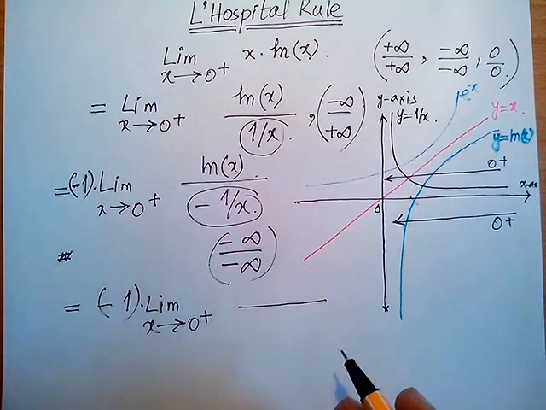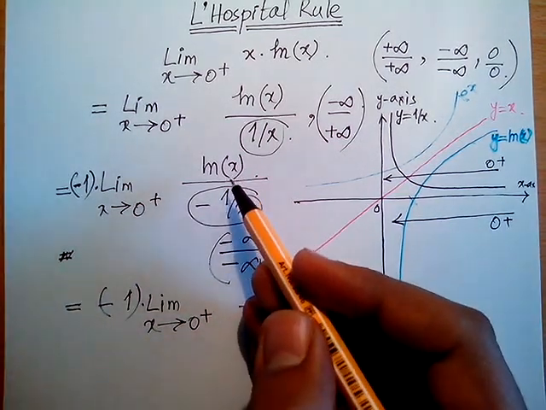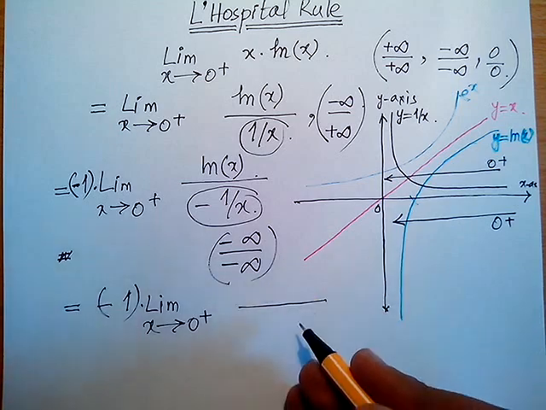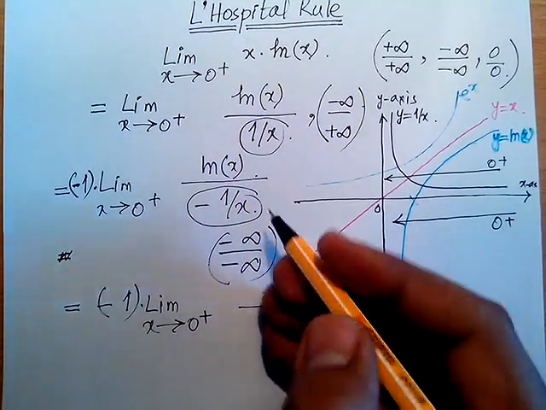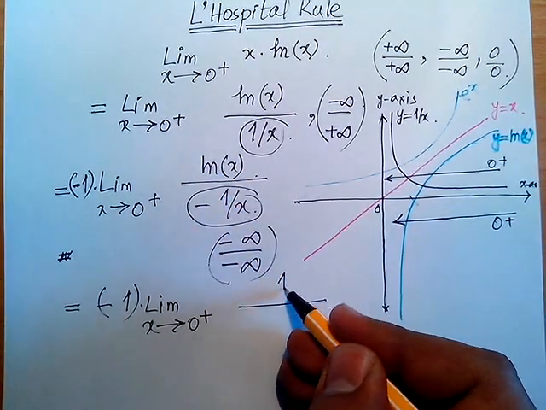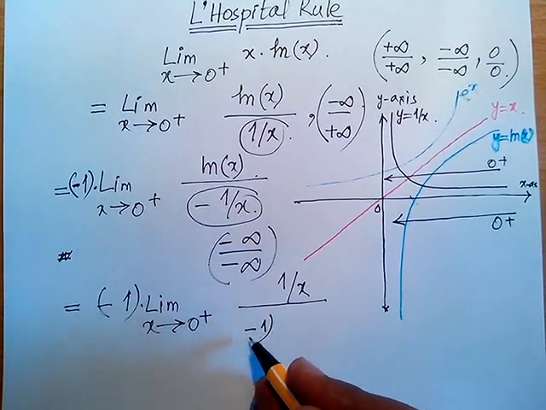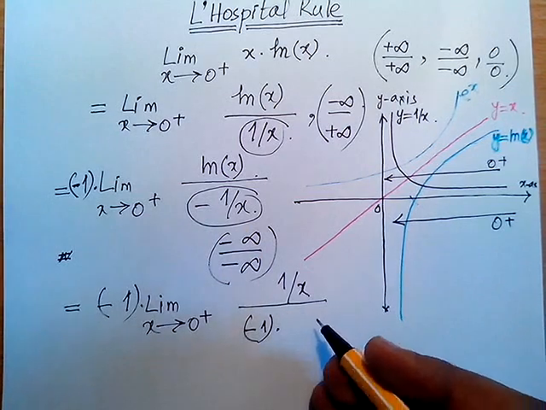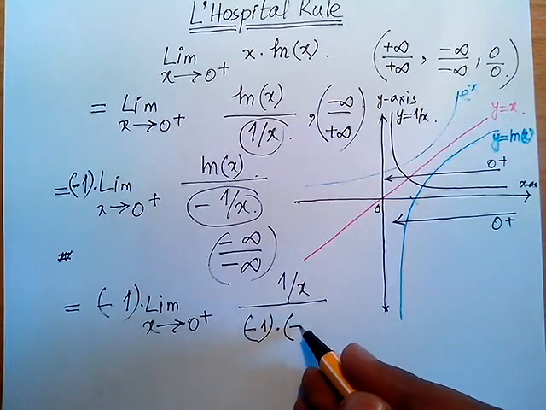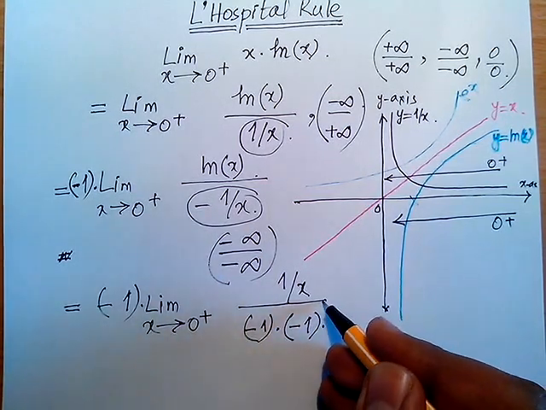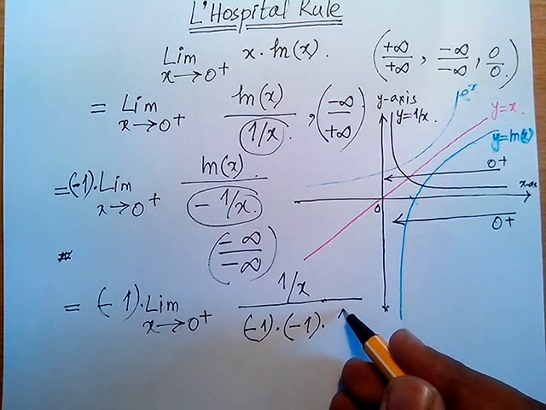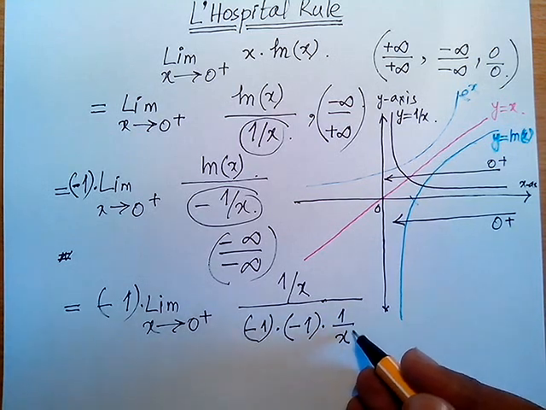For the L'Hopital rule, of course we have to take the derivative of the denominator and numerator. The derivative of the numerator is 1 over x, and the derivative of the denominator is 1 over x squared, and the minus 1 remains as it is.